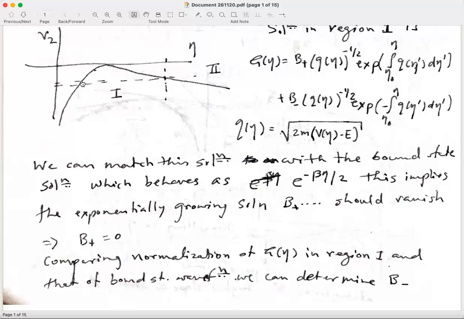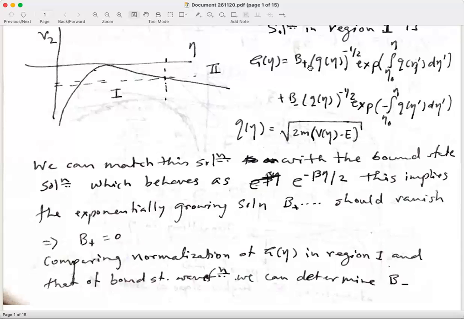The probability of finding the particle in a classically disallowed region is exponentially damped. This is like an evanescent wave, and therefore you would expect the solution to be exponentially dying and not exponentially growing. So even without matching on the left hand side, you could have just said that B plus should be zero.